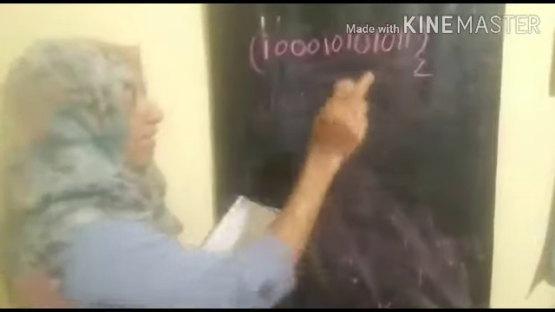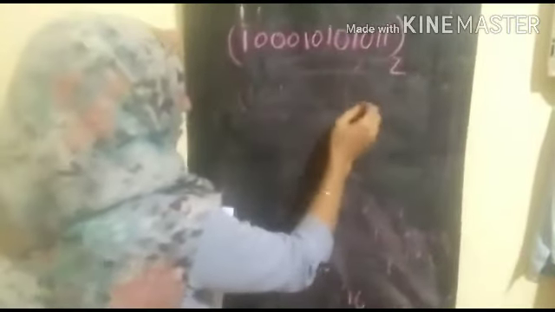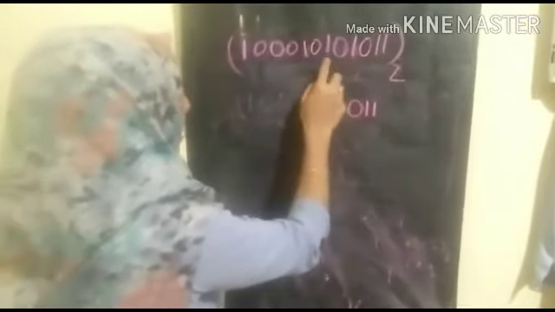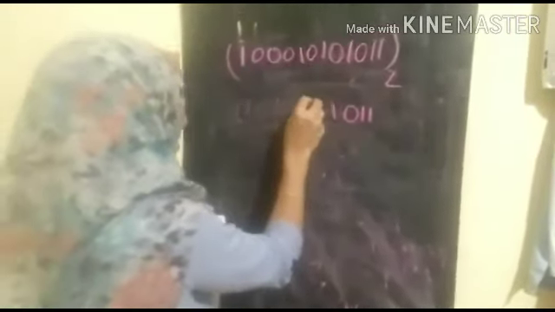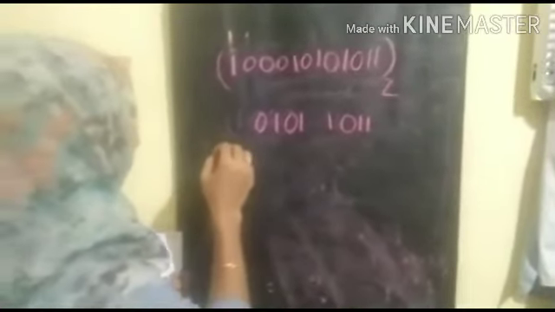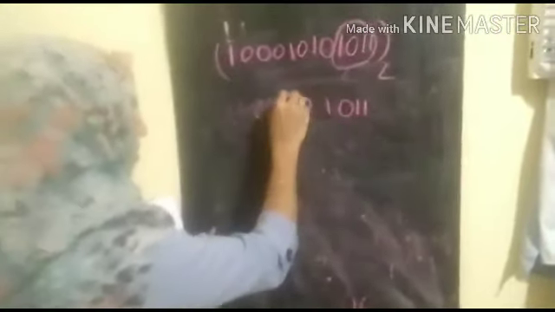First break the number into 4-bit groups. First group 1 0 1 1, then the next 1 0 1 0, then 1 0 0 0.